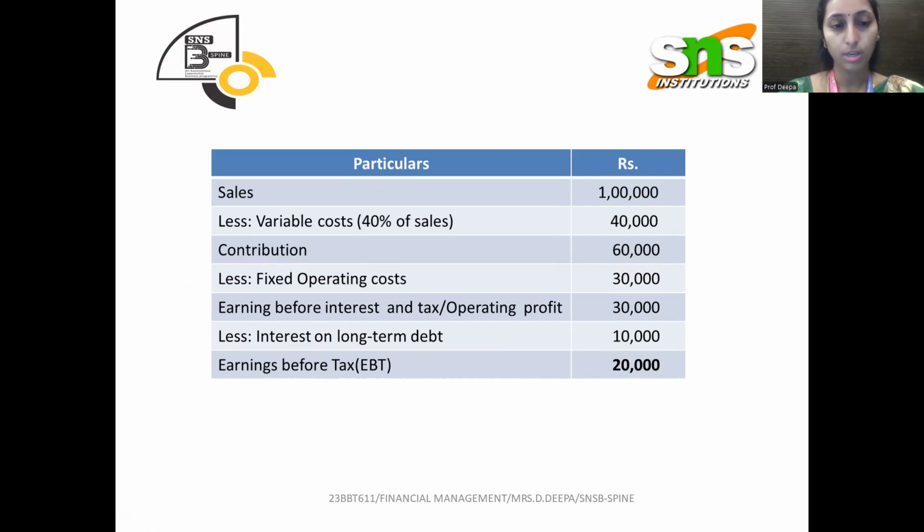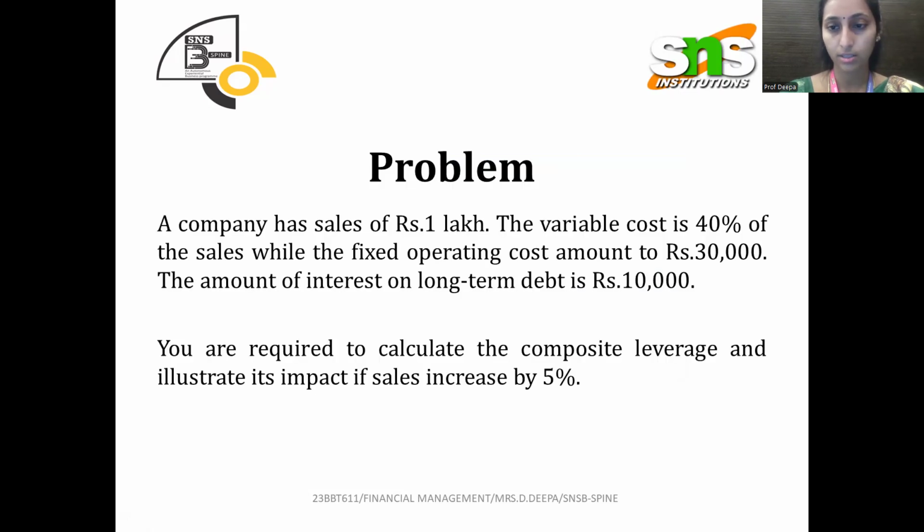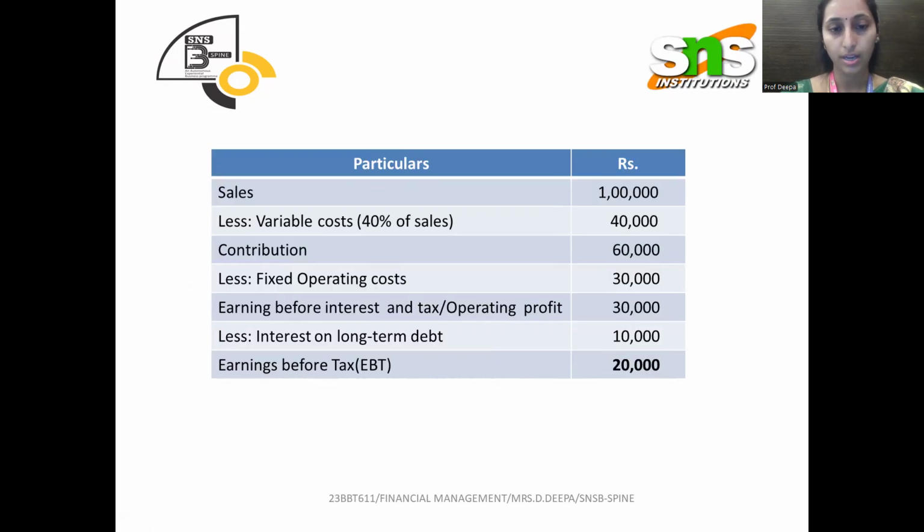Again, from this contribution, there are two kinds of fixed cost: one is operating, another one is non-operating. Here the fixed operating cost is given as 30,000. Directly, we are just writing that, and the answer, EBIT, will be 30,000: 60 minus 30. Again, from this EBIT, we should reduce interest.